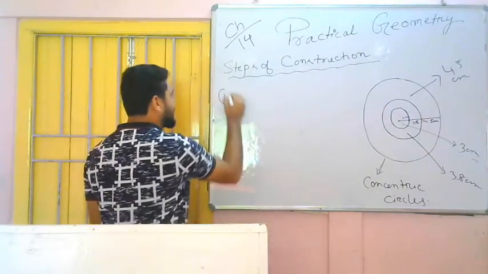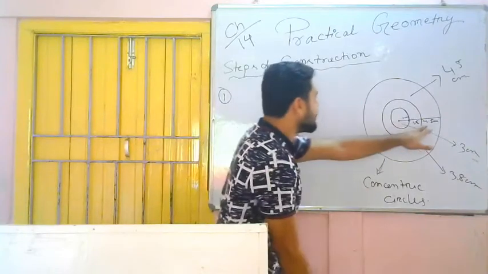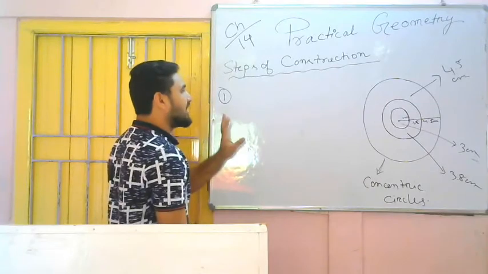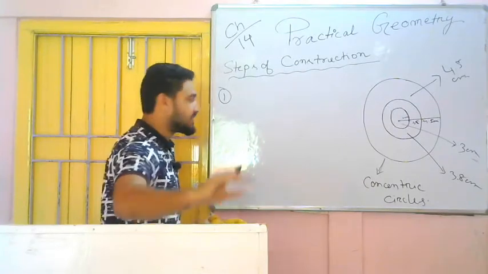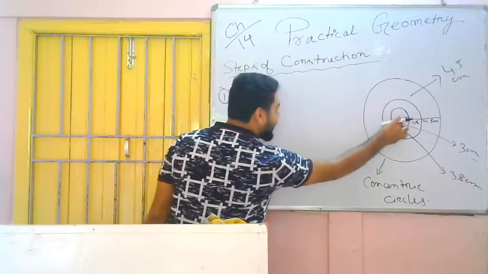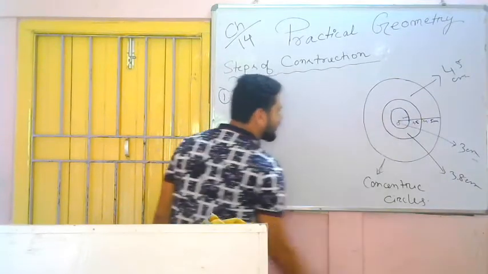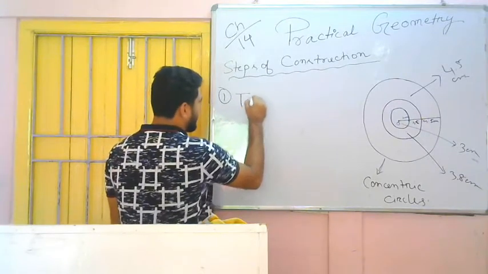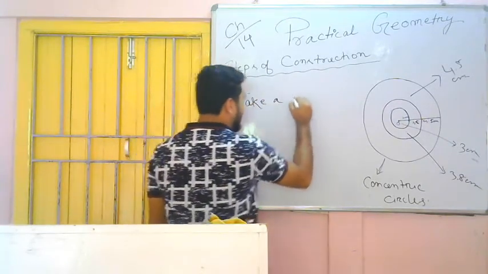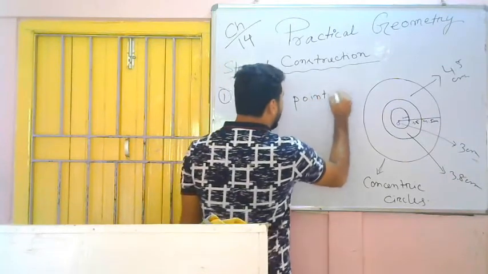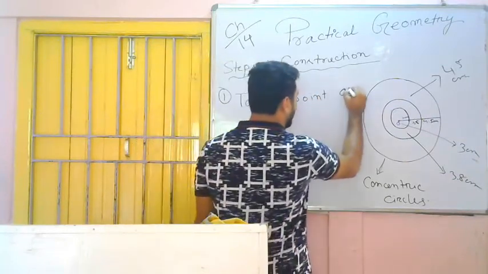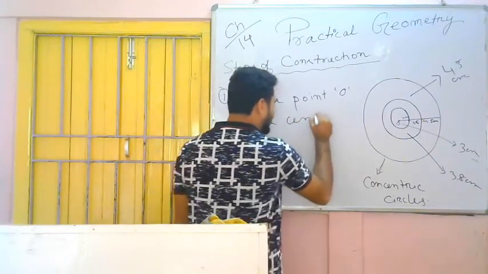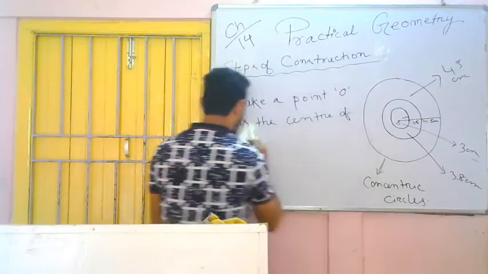First you write the construction as earlier, how we have drawn 4.5. You write up to this as it is. So let us write: Take a point O as the center of the circle.